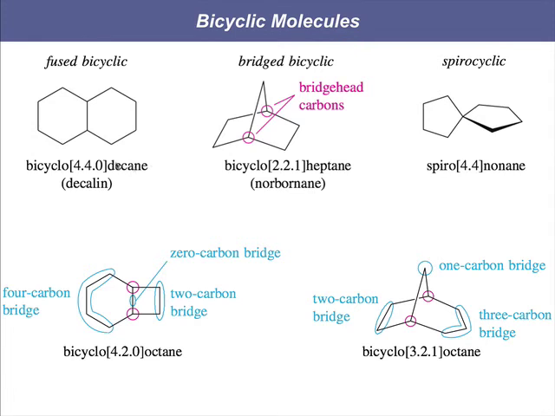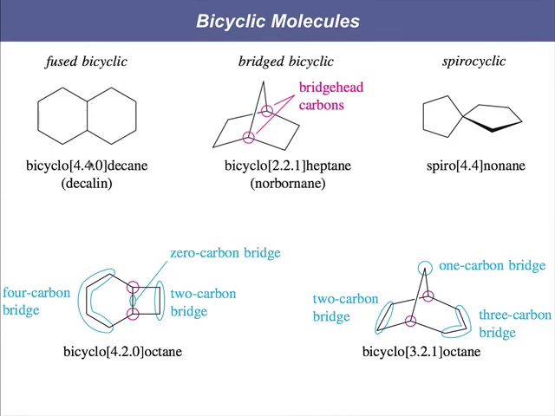Decane because it's 10 carbons total. 4 on one side, 4 on the other. That's the 4.4 plus the 2 bridgeheads, which we don't count in these dots. So bicyclo 4.4.0 decane.